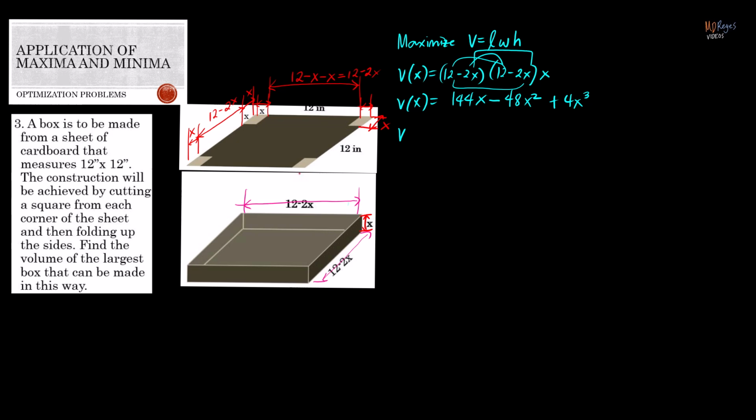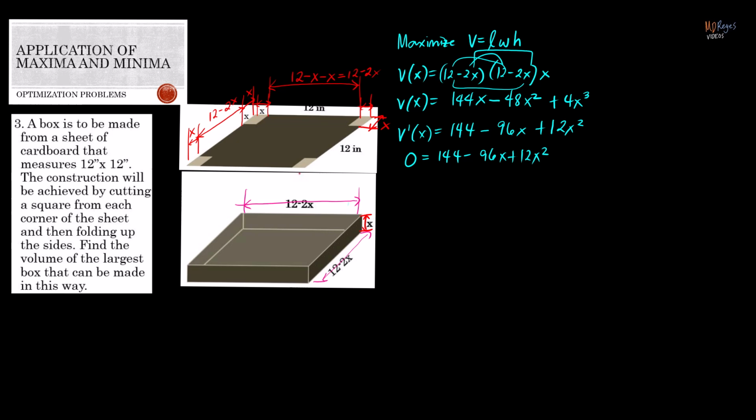Remember, to get the maximum value of the function, we have to get its first derivative and equate the first derivative to 0. So v prime of x is equal to 144 minus 96x plus 12x squared. And then we'll equate the first derivative to 0. So 0 equals 144 minus 96x plus 12x squared.